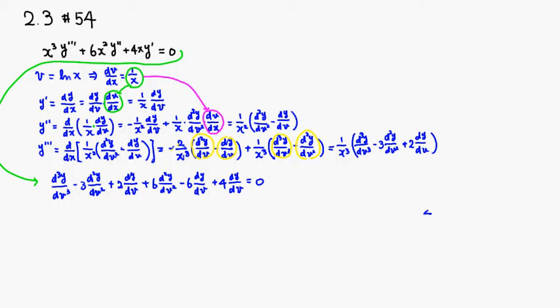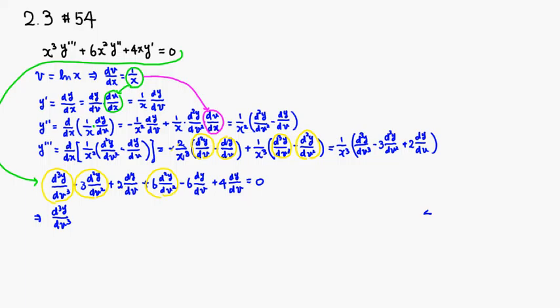Alright, then we can simplify a little bit. Let's collect the like terms. Here we have, so this is only 1, so I'm going to just write that down. So this is going to be a third derivative of y with respect to v. And collect like terms, so it's a second derivative, so it's a negative 3 here and a positive 6.